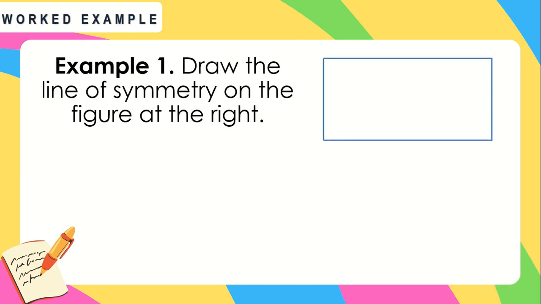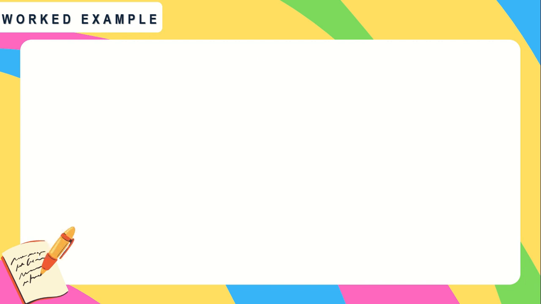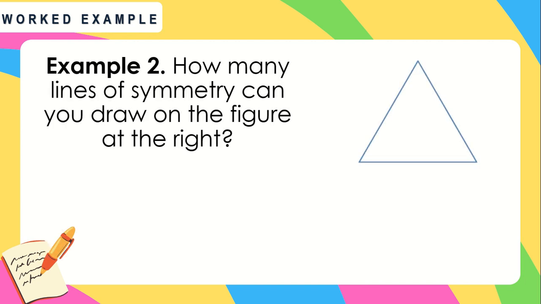Example number 1. Draw the line of symmetry on the figure at the right. The given illustration is the right answer. Next, example number 2. How many lines of symmetry can you draw on the figure at the right?